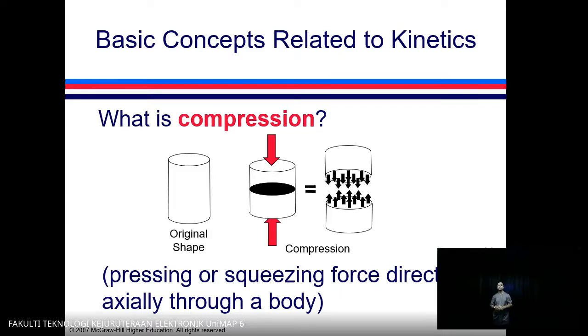When we press or squeeze, force directed through a body, then we call it compression. So if I have something over here, I press it or squeeze that thing, then we call it compression.